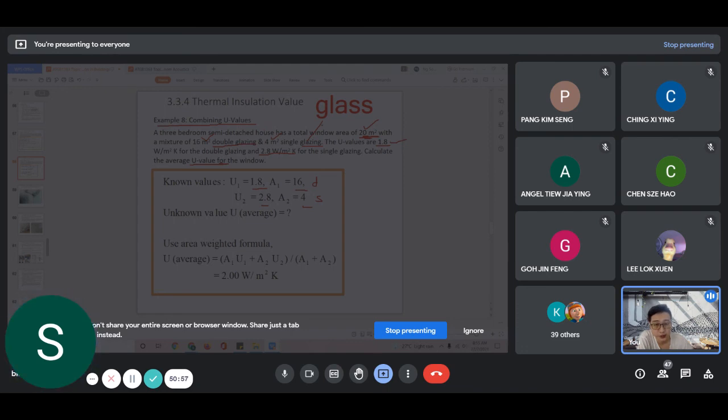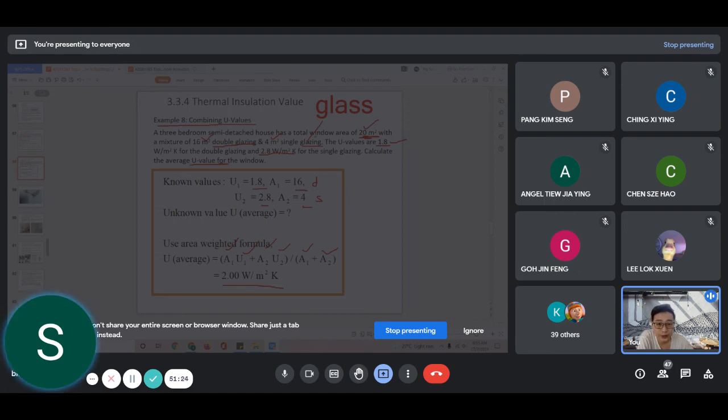So what can we do to get the average value of these glasses? Because we have two different values, we use the composite formula. So 16 and 4 here, and then you have 1.8 multiplied by 16 plus 2.8 multiplied by 4. So you put all the formula in, you'll be able to get the average value of this U value for a single component.